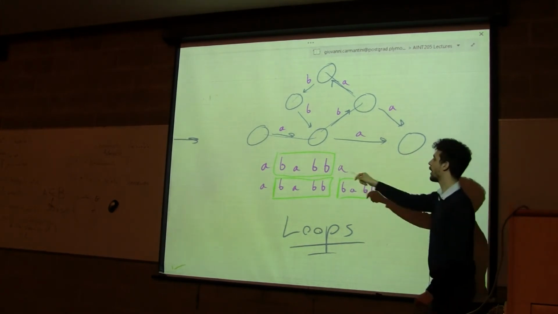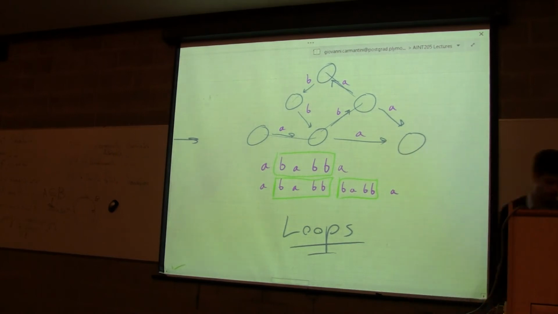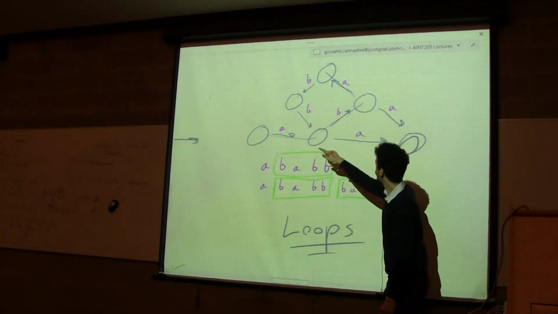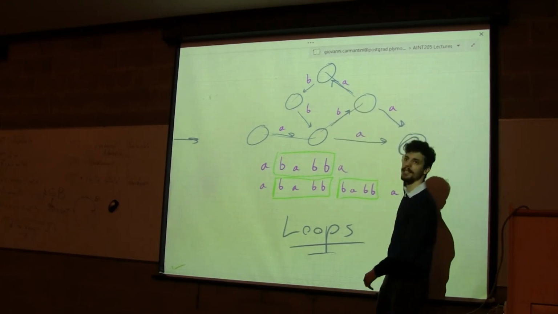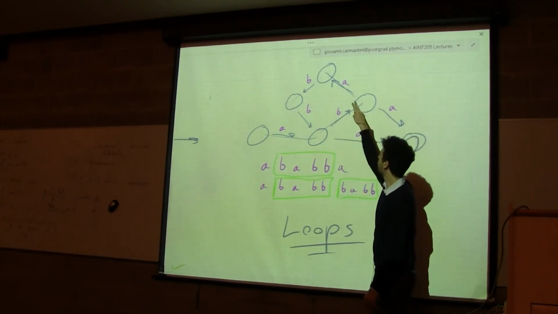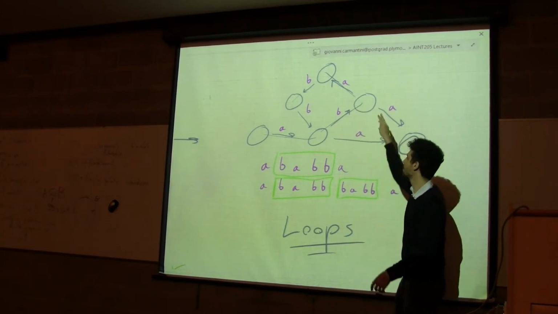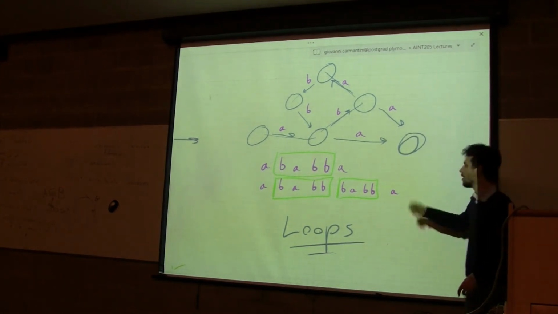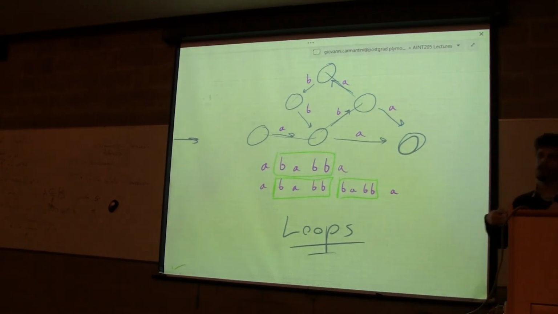So A, B, A, B, B, A is in the language, this is an accept state. A, B, A, B, B, B, A, B, B, A is in the language, and so on. You can pump this B, A, B, B as many times as you want, and it will still be in the language.